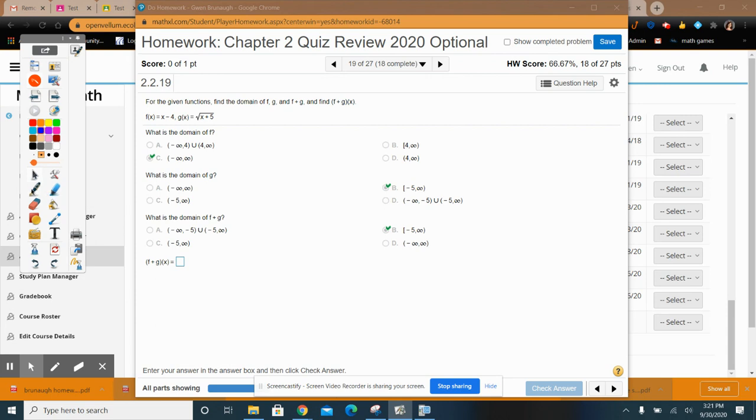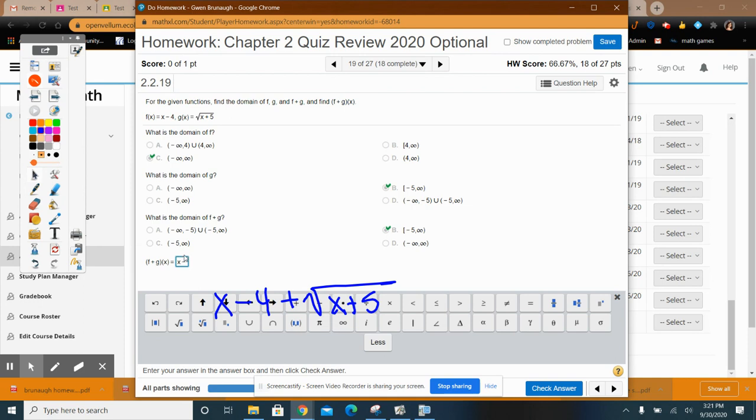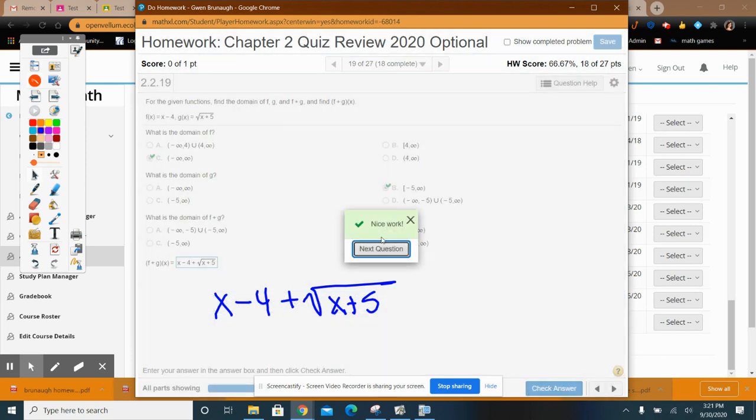I had x minus 4 plus the square root of x plus 5. There's the square root. And what was it underneath there? X plus 5. There we go.